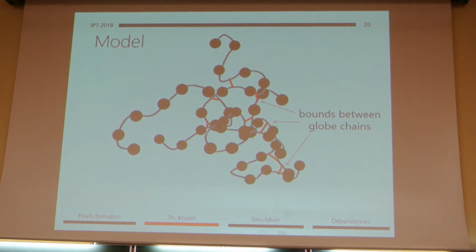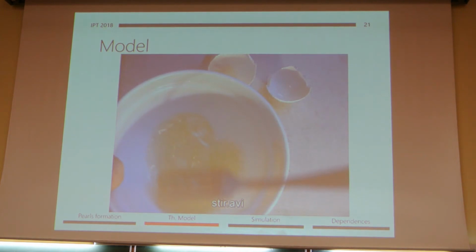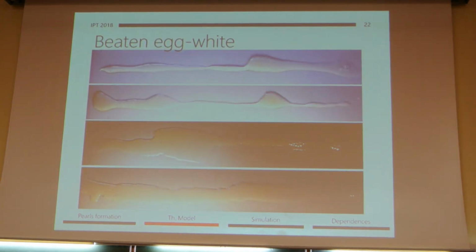If we mix the egg white, we will destroy these bonds between globule chains, and we expect that we will not see the effect. So we stirred the egg white, and really, in the experiment on a plate, we cannot see egg white pearls.